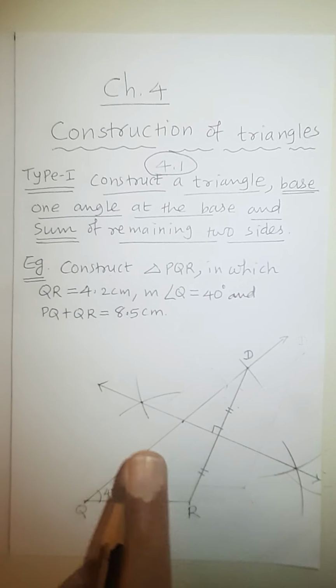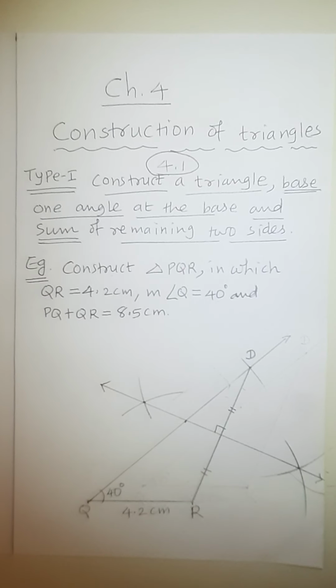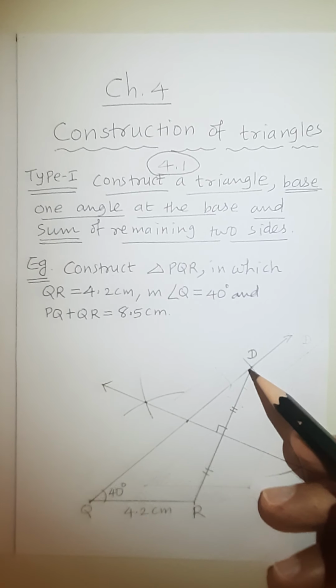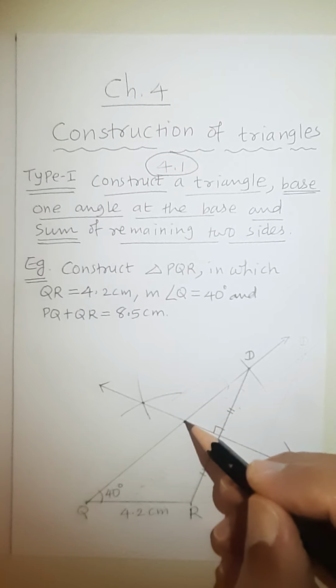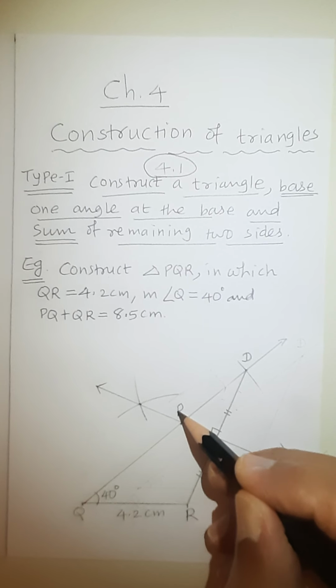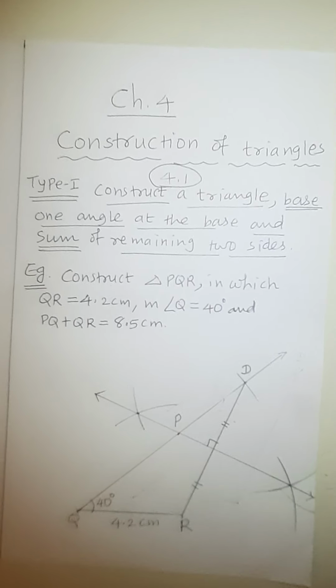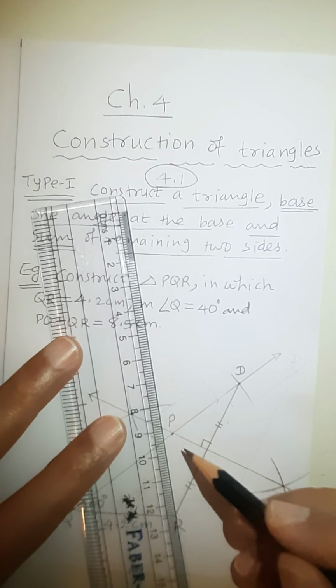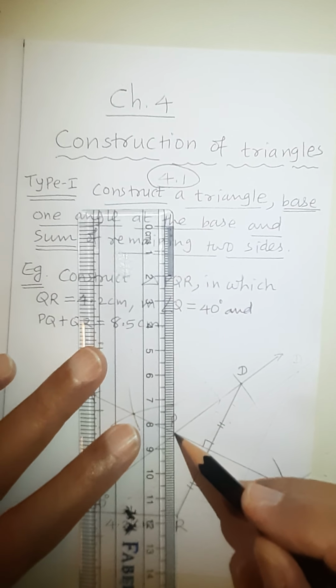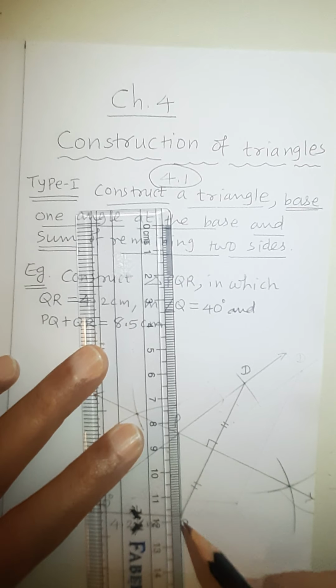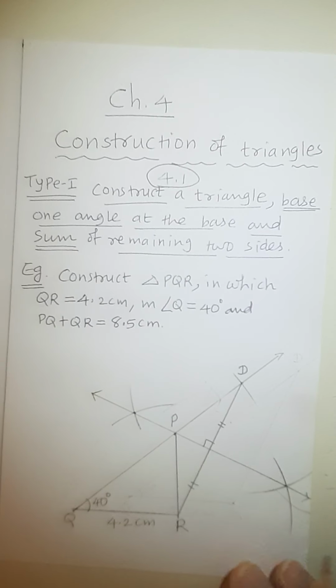Wherever this perpendicular bisector cuts the ray QD, that point is named as point P, and that point P we have to join with R. This will give us the triangle PQR. Why?